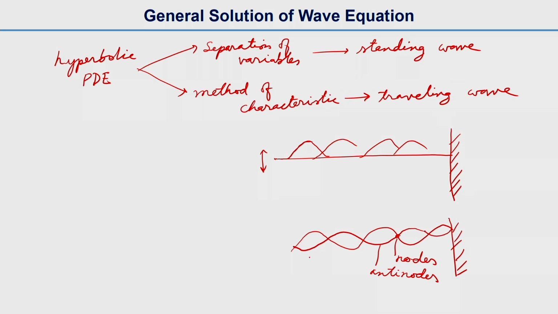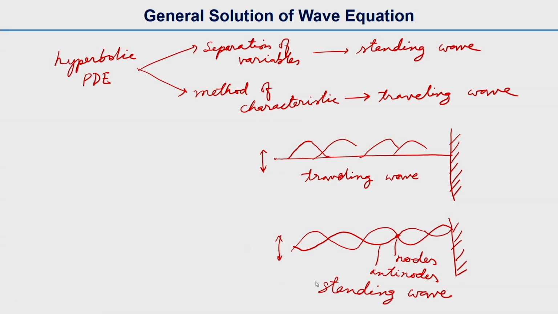So basically this standing wave does not appear to be moving, unlike the travelling wave. A travelling wave generally happens when only one wave travels, and we can see the wave travelling from one side to the other.